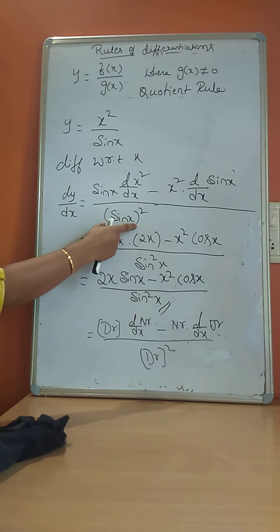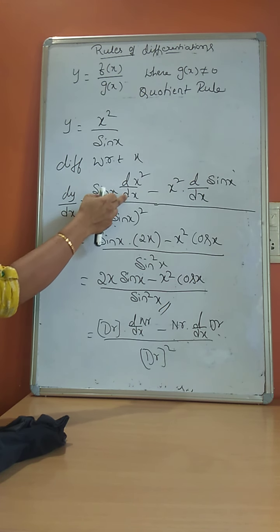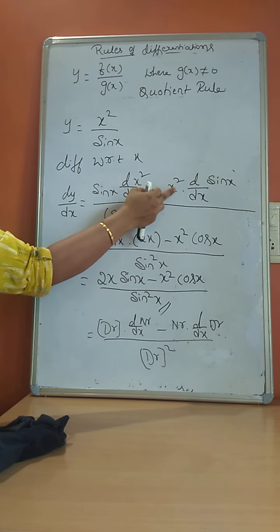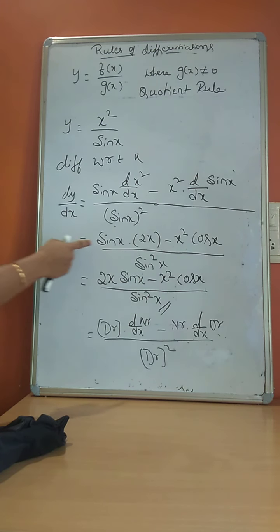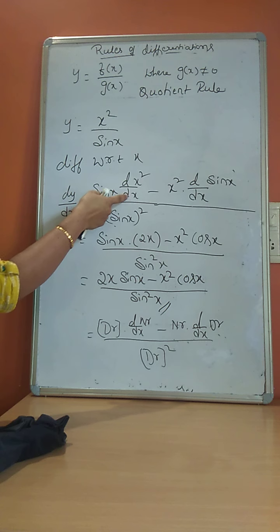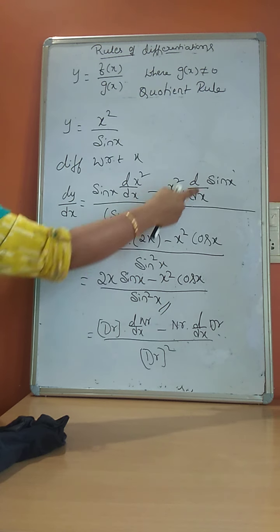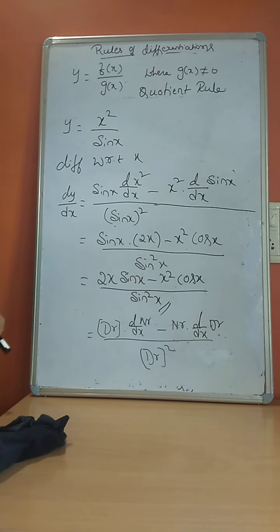Take the denominator square, in the numerator, denominator into differentiation of numerator minus, here minus sign will be obtained, numerator into differentiation of denominator. That is sin x keep as it is without changing the function, then differentiation of x square is 2x, minus x square keep as it is, differentiation of sin x is cos x, whole thing divided by sin square x. So in this way we are going to differentiate by using the rules.